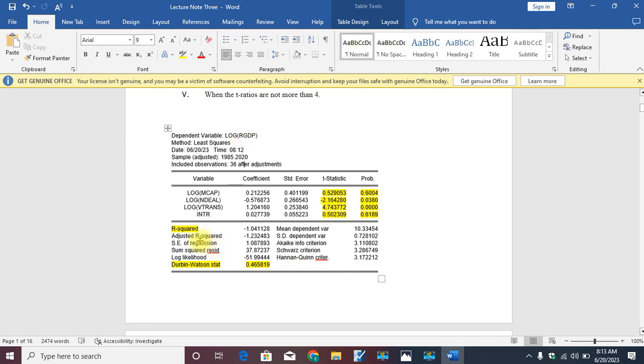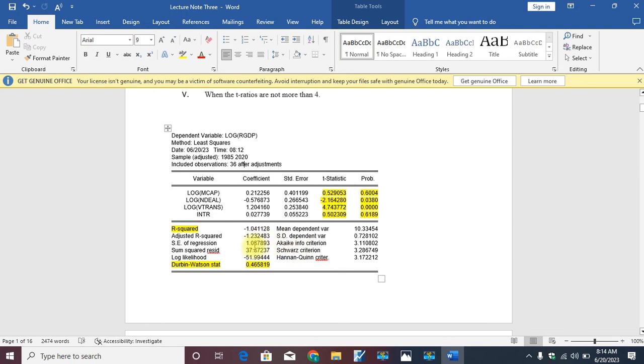So let's look at the Durbin-Watson and the R-squared. The R-squared we are having here is 1.04, and this R-squared is above 1. It is very, very high, and in absolute terms it is greater than the Durbin-Watson statistic.